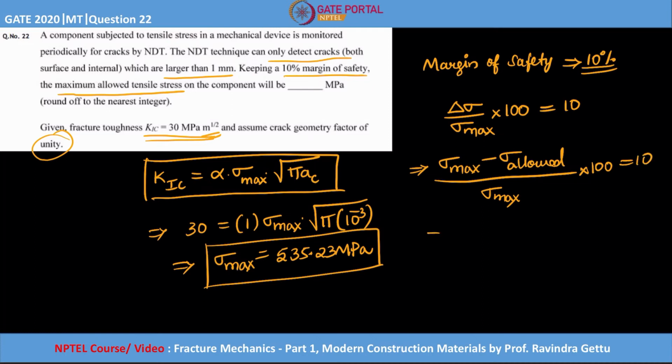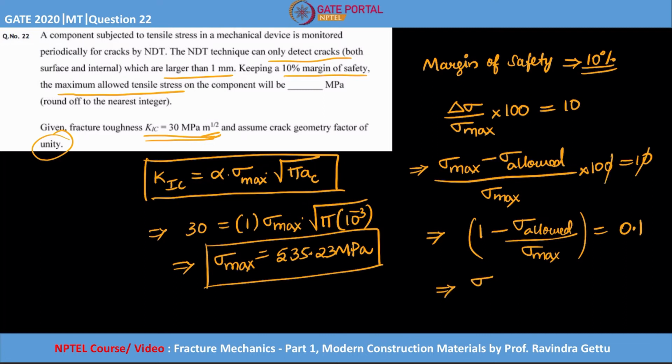Here it is pretty simple, right? I can write 1 minus sigma allowed by sigma maximum is equal to 1 by 10, or 0.1. Now from this, you can easily get sigma allowed by sigma max equal to 0.9, if I take this to the other side.